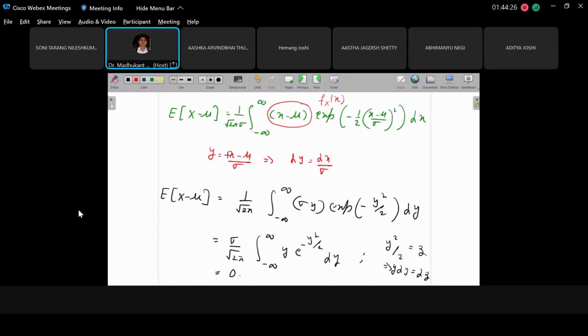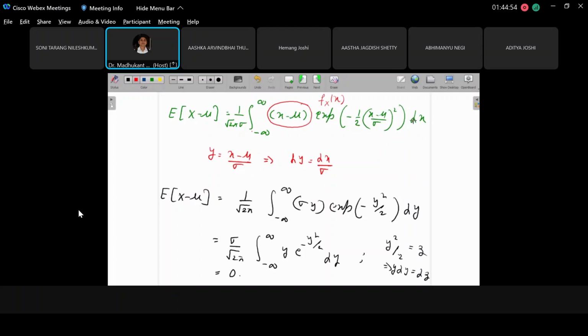Whenever x is minus infinity, y is minus infinity, and when x is plus infinity, y is plus infinity. It will not change anything, because x by sigma minus mu by sigma, with minus infinity, is again minus infinity, and mu by sigma will not make much difference to infinity.